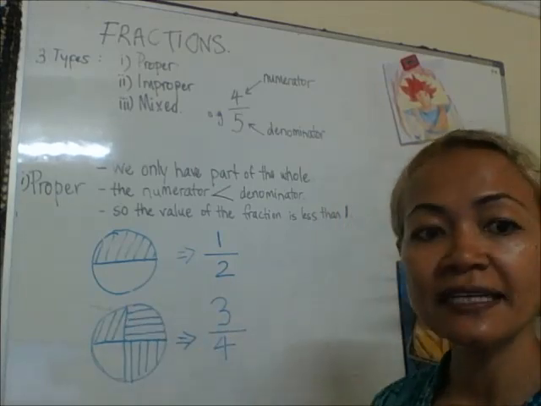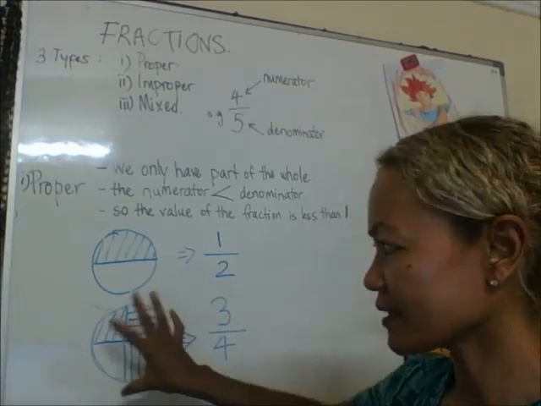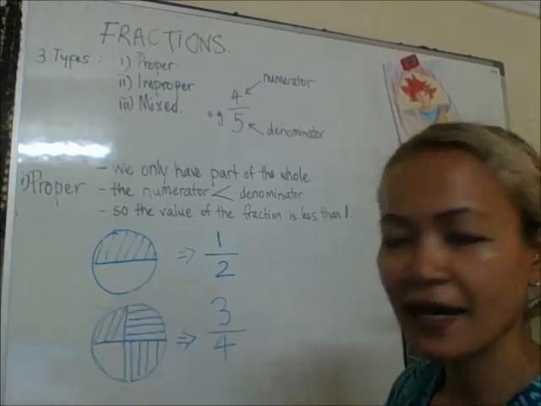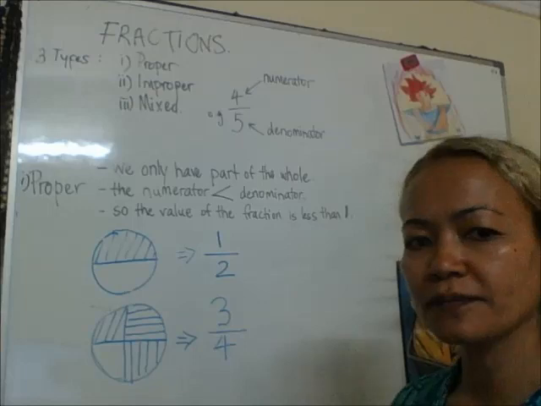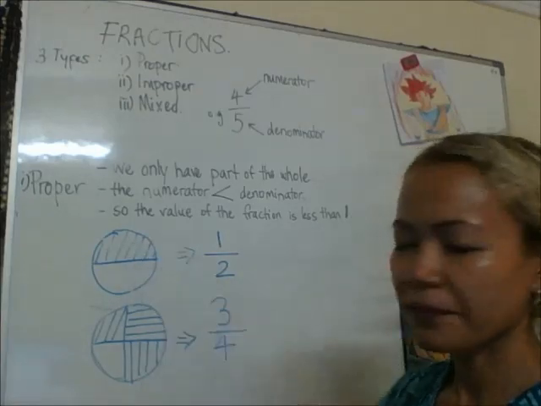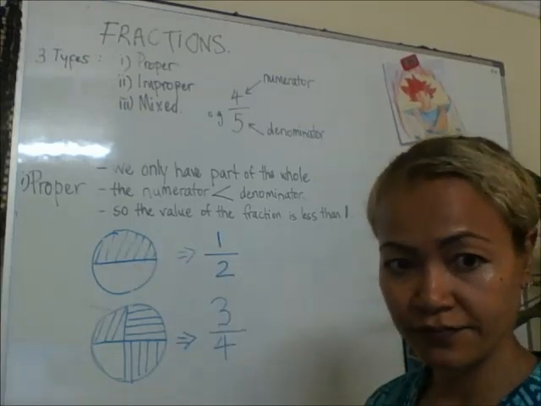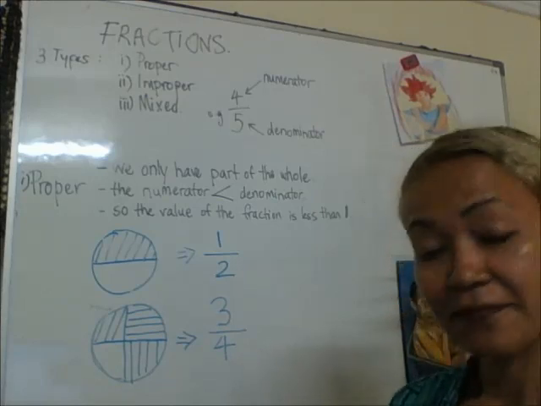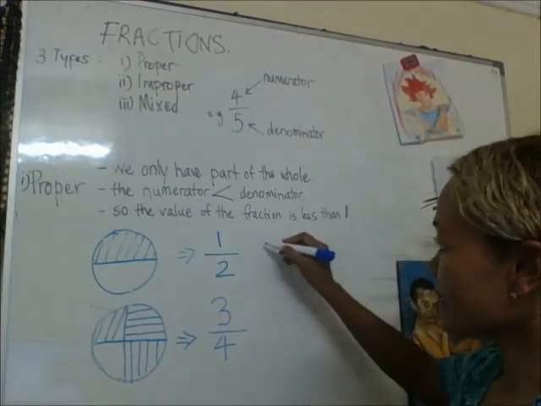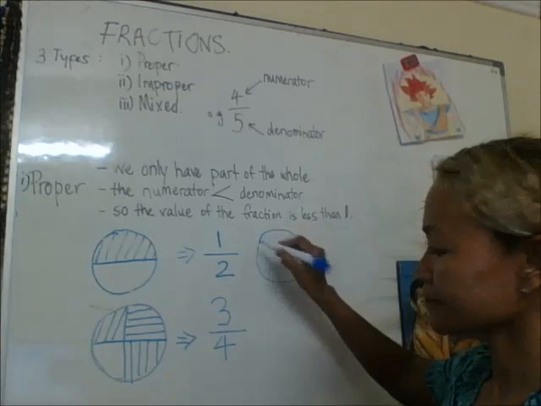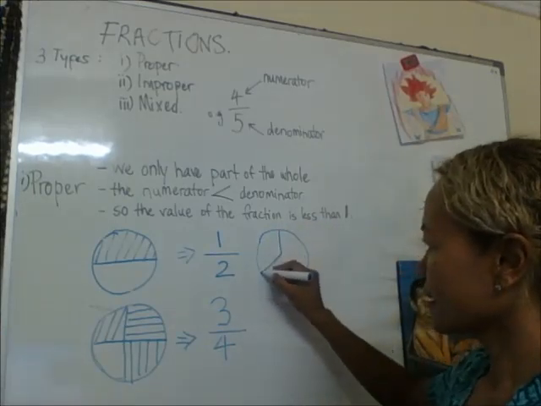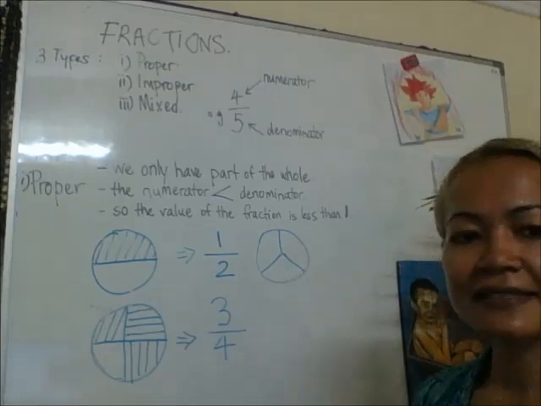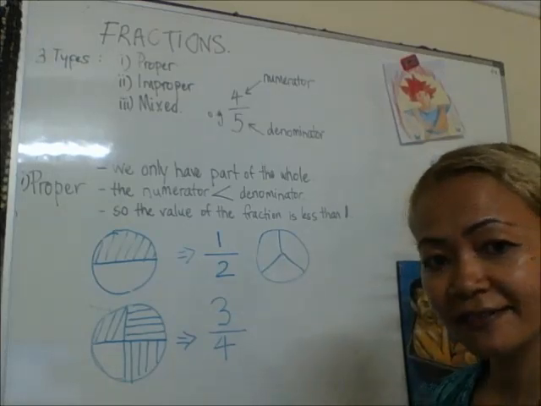So it is only a part of the whole. It's not the full thing, just a part of it. 3 parts out of the possible 4. Up here, 1 part out of a possible 2. We'll show another one. Say I've split it into 3, right?